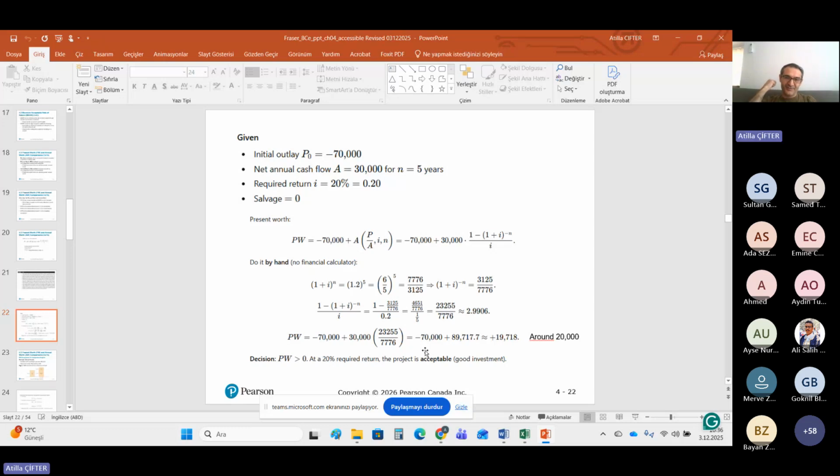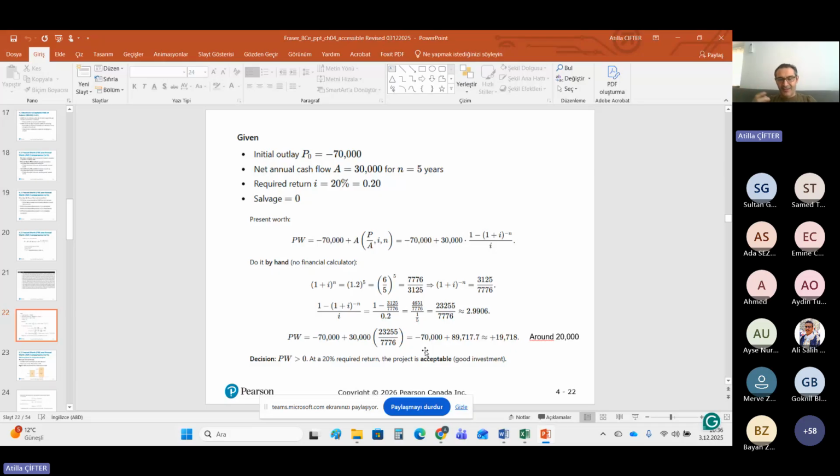For instance, after 5 years, we have $10,000 salvage value. What is the present worth? I need to take this $10,000 and bring it to today with the interest rate factor. In this case, it's not a required return, but the interest rate, for instance, for credits.